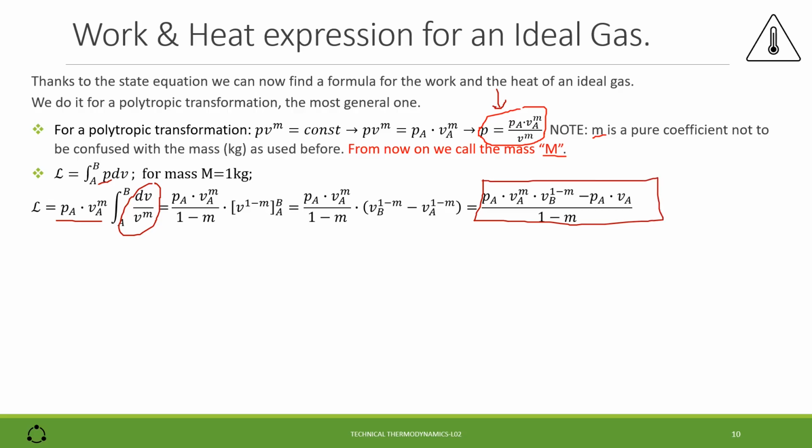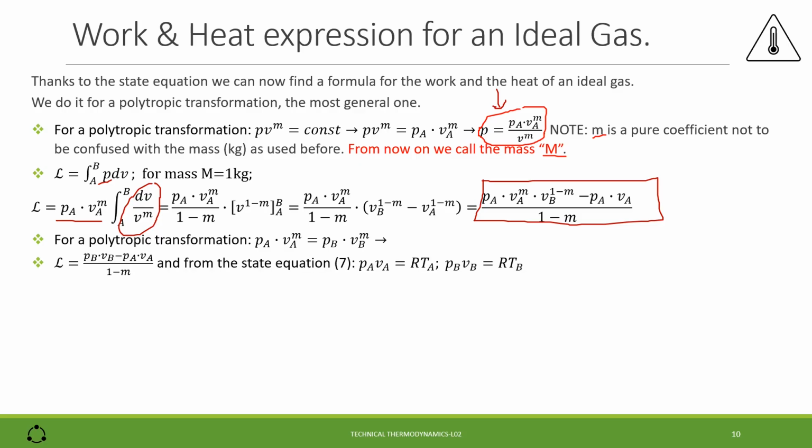Soon after, we remember that for a polytropic transformation, the product between the pressure at a state A and the volume at the same state to the m power equals the pressure at a state B into the volume at a state B to the m power.